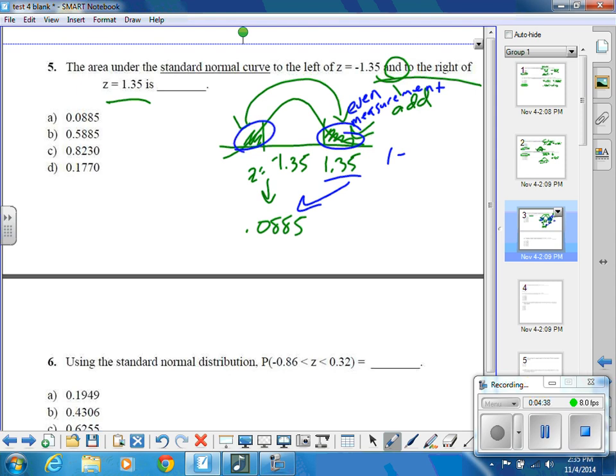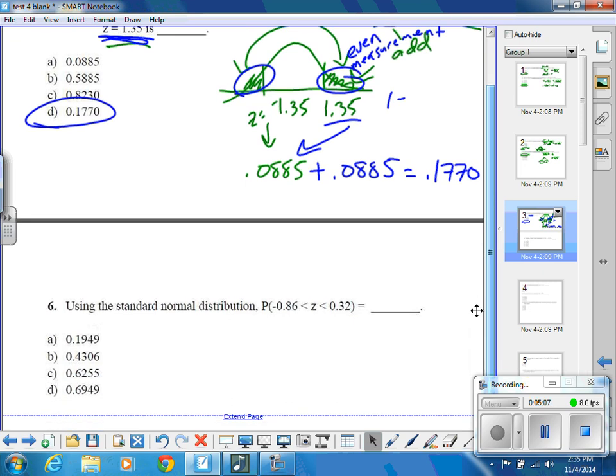So it's 0.0885 on both sides, and I add them together, and that gives me 0.1770, which is D. Whenever they say to the left of the negative and to the right of the positive, be careful. Looking at that, you might do something wrong. Even I misread it the first time and started to do it wrong. But they're talking about the little ones, okay?